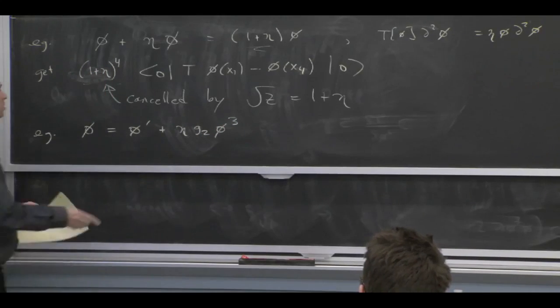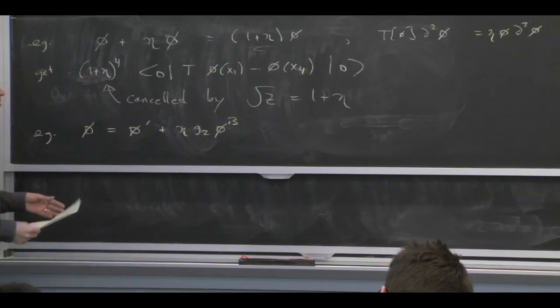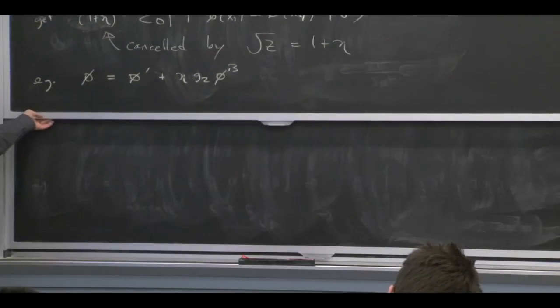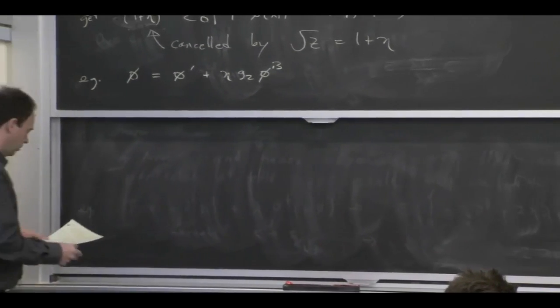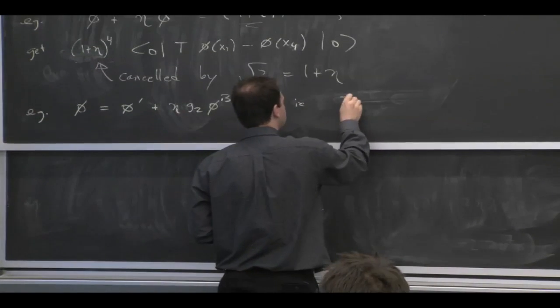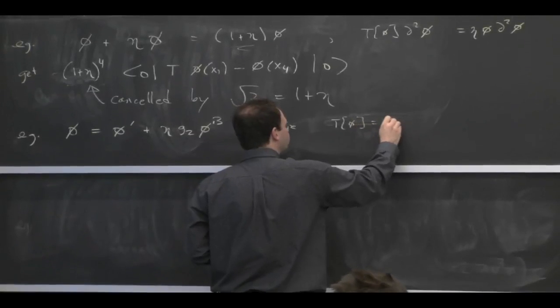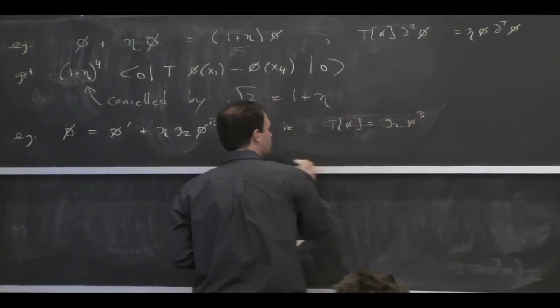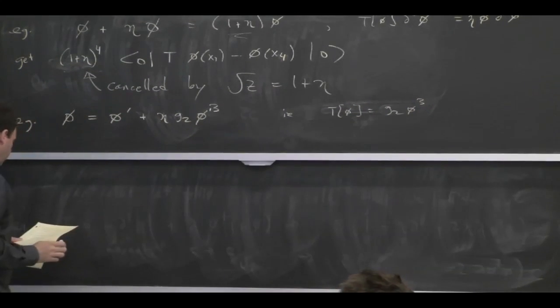So let's just take some cubic term in our field redefinition. So this is like having a phi cubed del squared phi term.